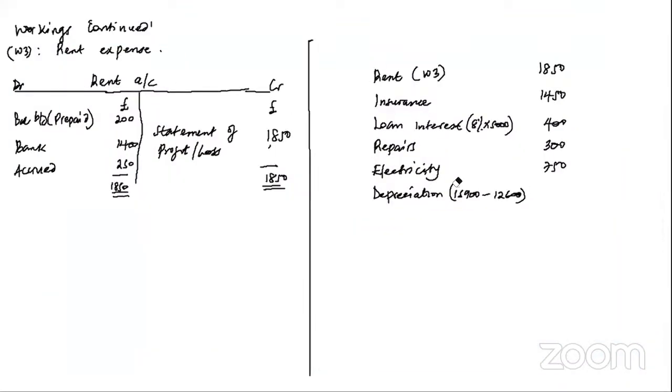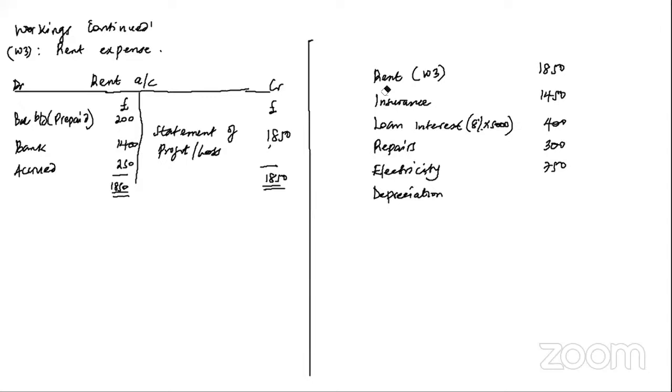To come up with this, we show that initially we had 12,600. Anyway, let me come up with a simple working. That will be our working number 4.